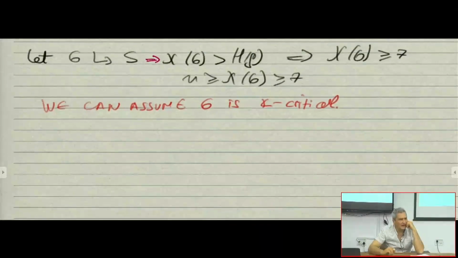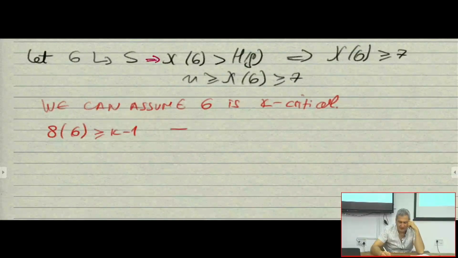Since it is k-critical, it has minimum degree at least k minus 1. What does that imply for the number of edges? Twice the number of edges is at least (k minus 1) times n, yes.